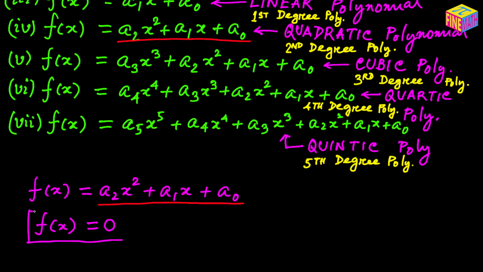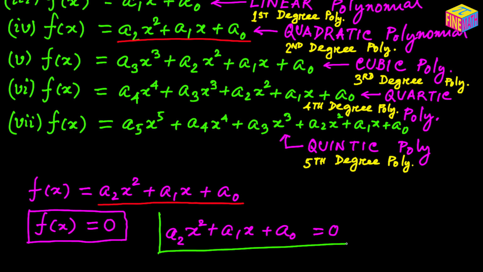When we take a function and we say that it is equal to 0, then essentially we have created an equation. So similarly, in this case, if we say that a sub 2 x squared plus a sub 1 x plus a sub 0 is equal to 0, then this is a quadratic equation, because we took a quadratic polynomial and we equated that to 0.